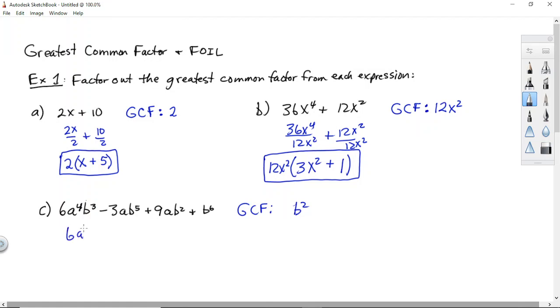Okay, so we'll divide each of these by the b squared. And you can do this in your head for a lot of these, but we're just writing it down to make sure it's clear what we're doing. Divide each term by b squared. Let's see.